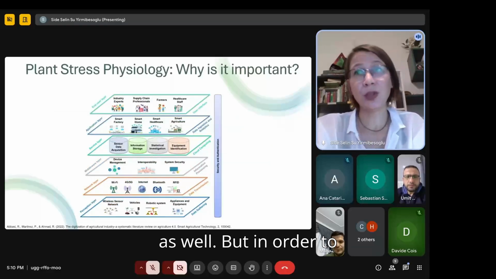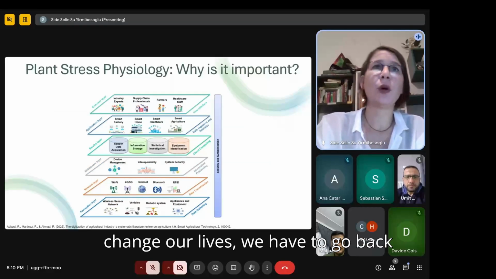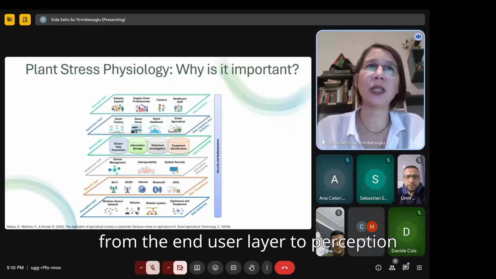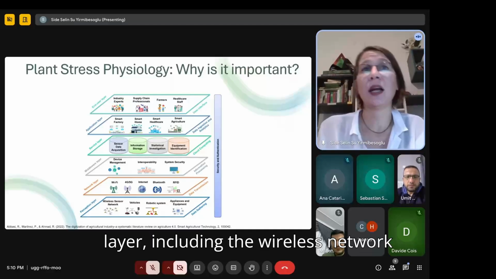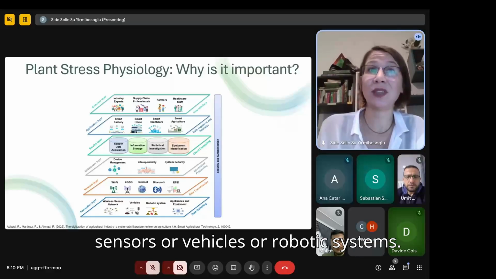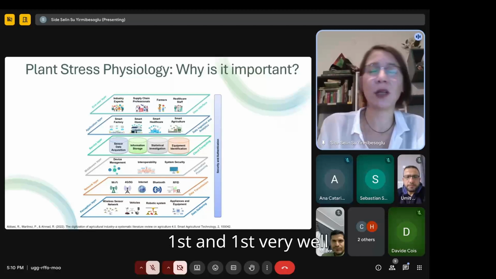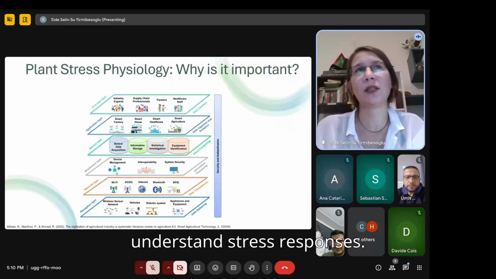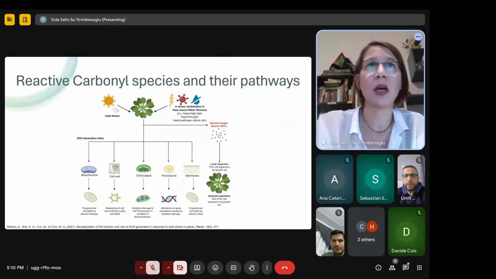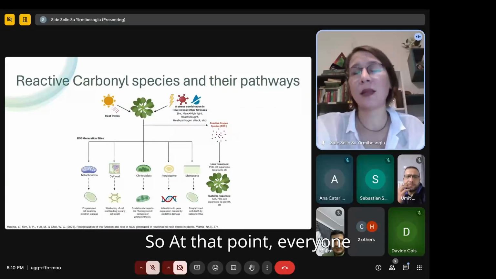But in order to change our lives, we have to go back from the end user layer to the perception layer, including wireless sensor networks, vehicles, or robotic systems. In order to apply these, we first have to understand plant stress responses very well.